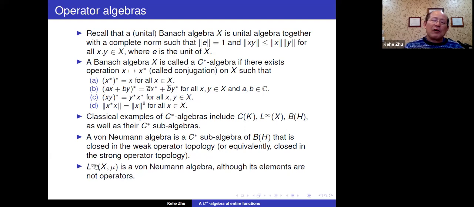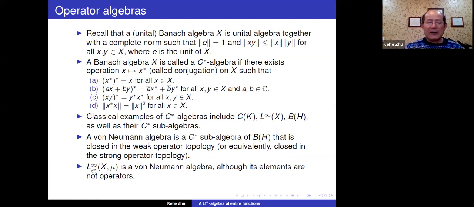Well, a priori, this is not a subalgebra of BH, but somehow you can think of L infinity as an algebra of operators. When you have a measure space X, you look at L2 of X, that is the space H, and then you look at all bounded linear operators on L2.